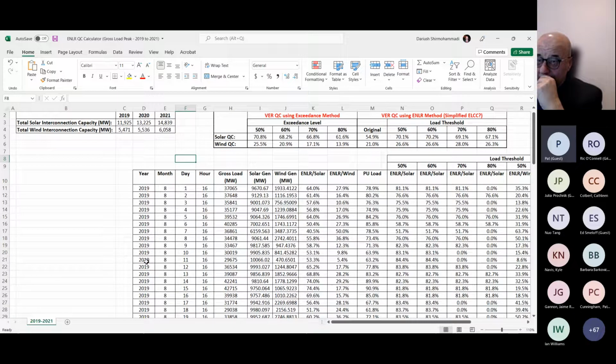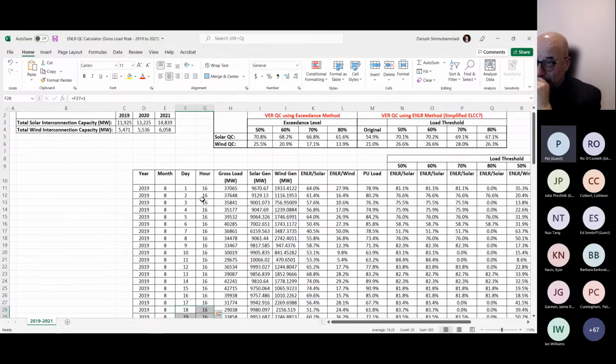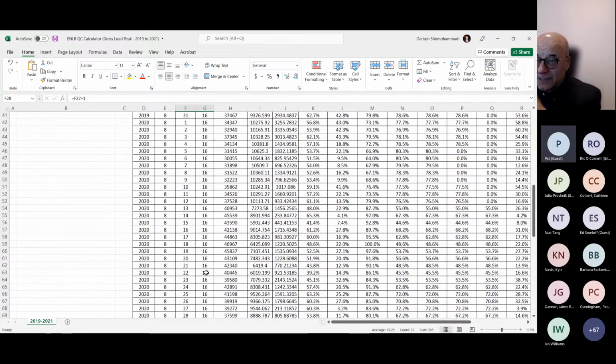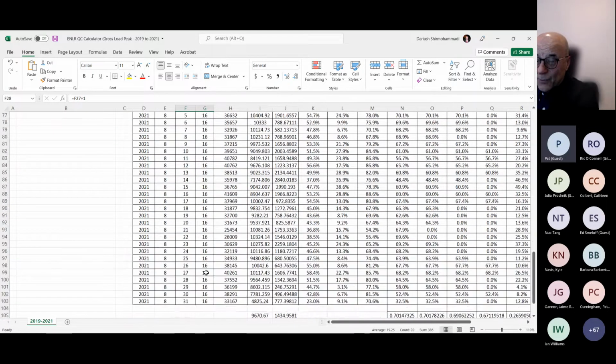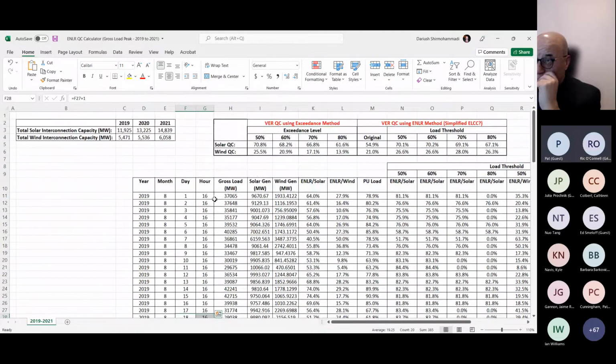This is all the month of August. So this is one slice for the month of August, and that slice for hour 16. You see that? This is one slice for hour 16, for year 2019 to 2021. And this is the data that's available from the CAISO Oasis site.